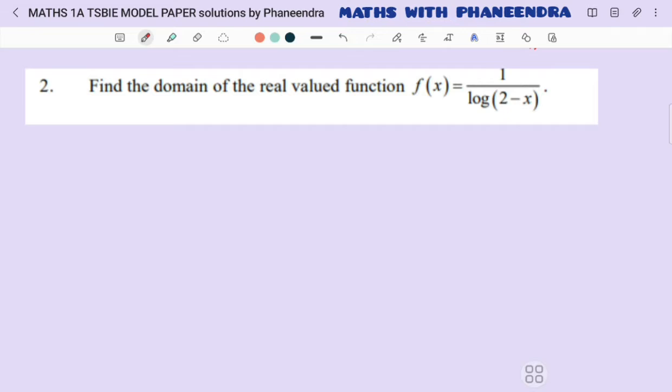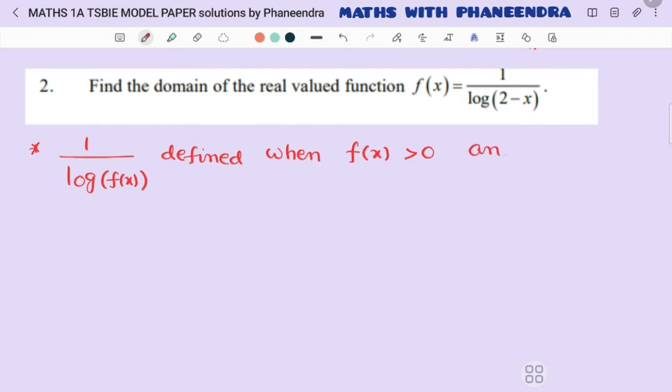So we know that whenever log f of x is in the denominator, first we need to write 1 by log f of x is defined when f of x should be greater than 0 and f of x should not be equal to 1.